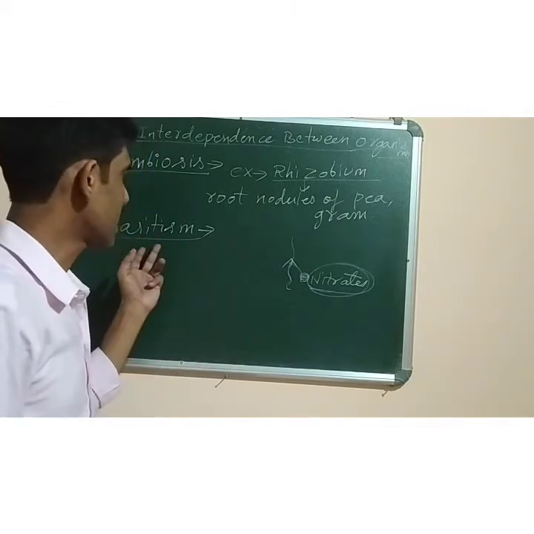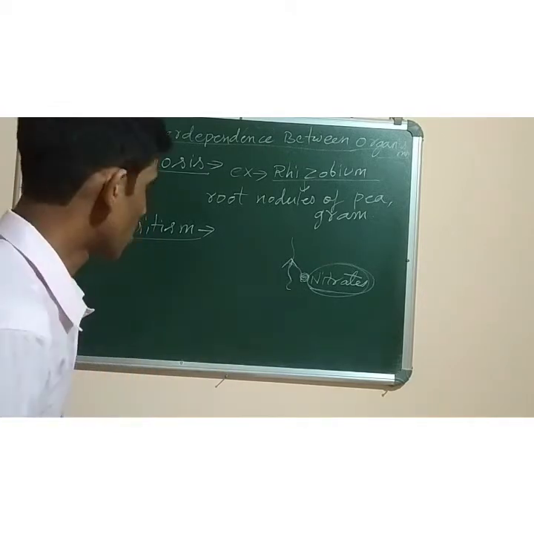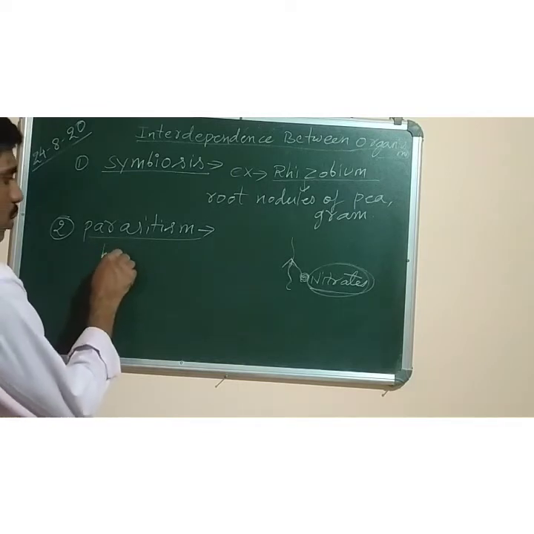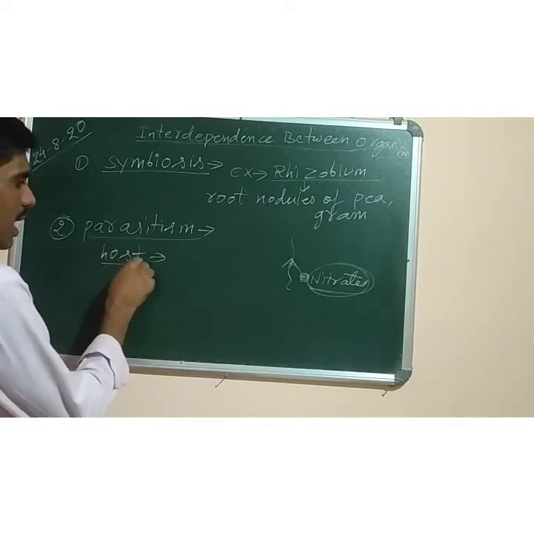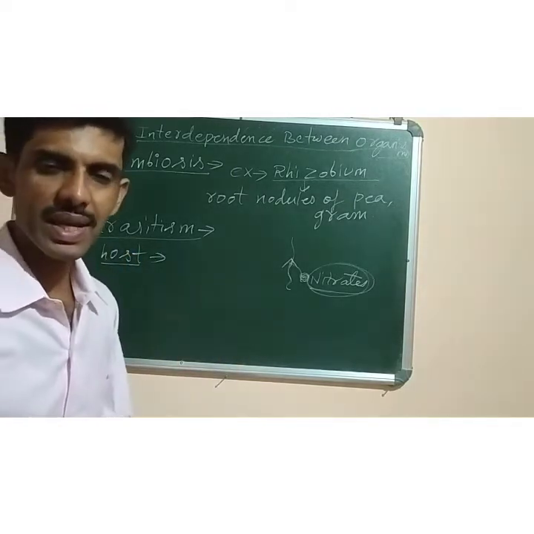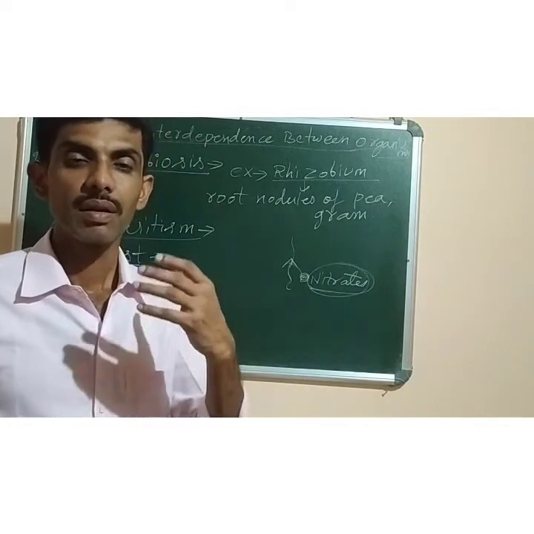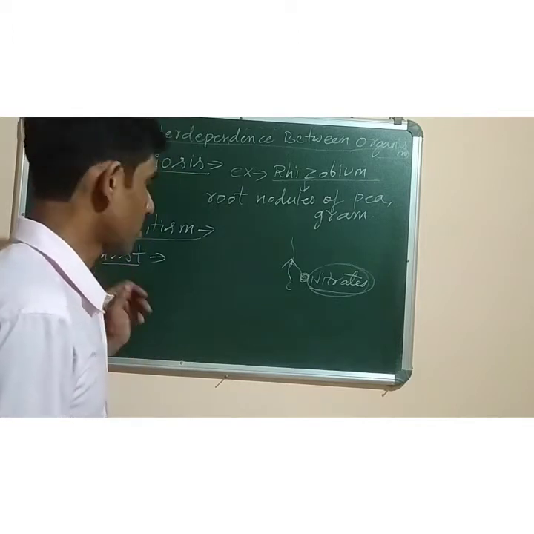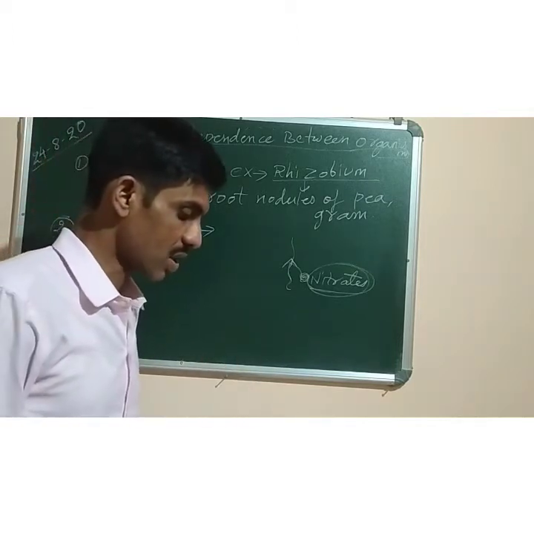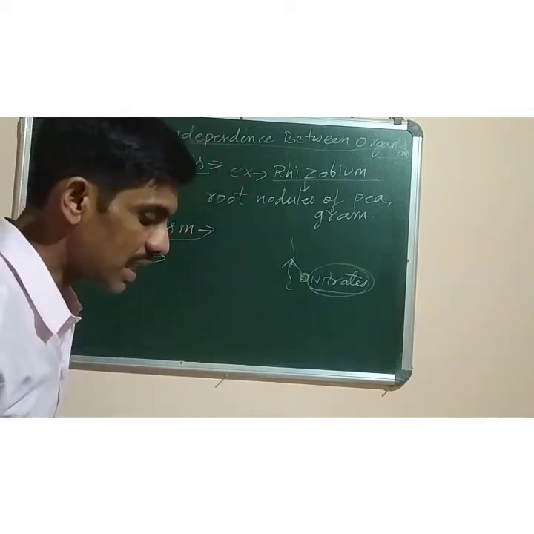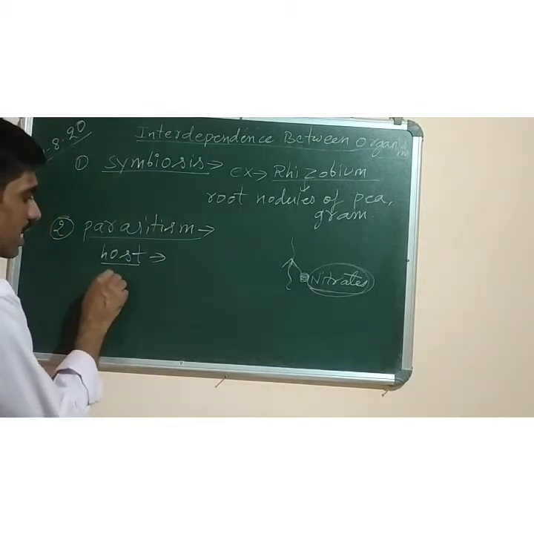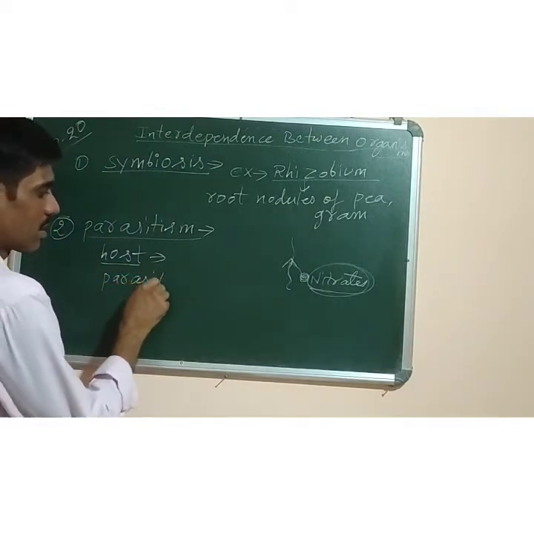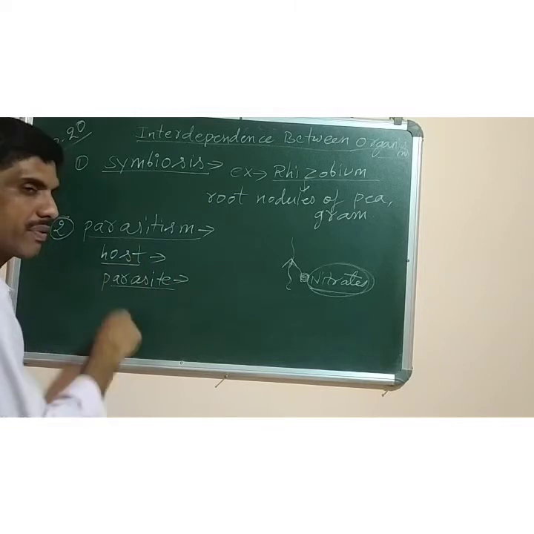So in parasitism there are two organisms. One is the host. Host means that living organism in which the parasite will live and provide harm to it. And the guest or the parasite is that organism which is benefited.